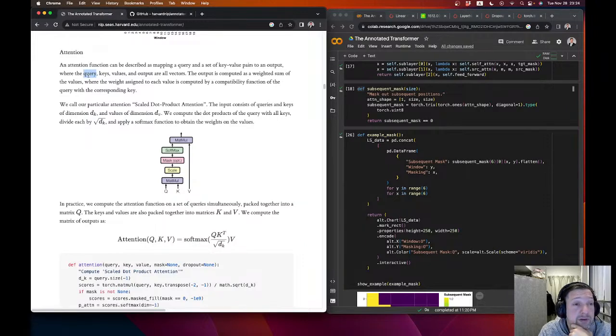If I just want to look at the first one and the last one, but whatever the keys are thinks that only the first one is important and the last one really isn't, then you'll get basically the first value. So keys can be like a distribution of importance over the values. And then the query is, okay, I want to look at these bits out of the values, but please also tell me how important you think these are.